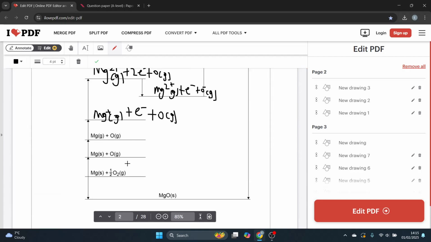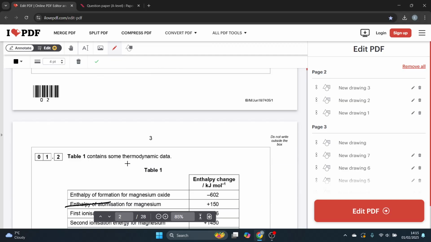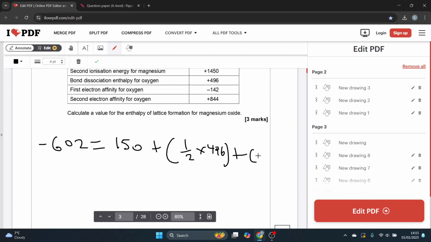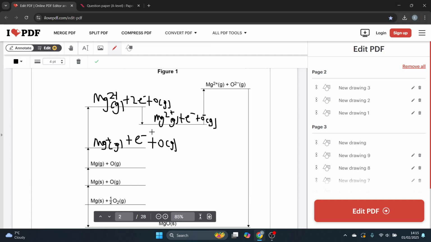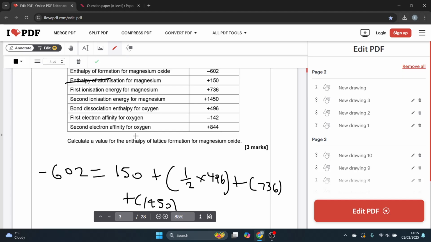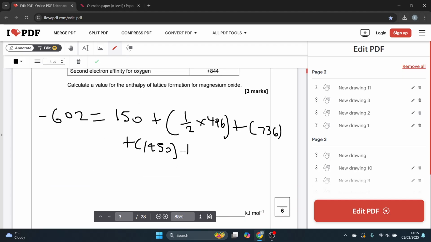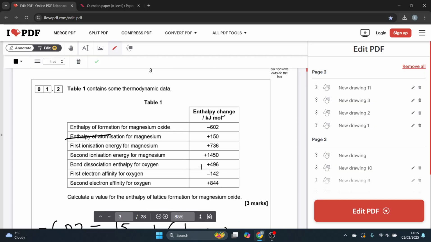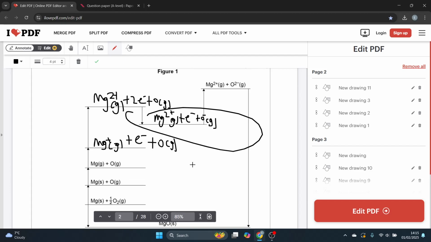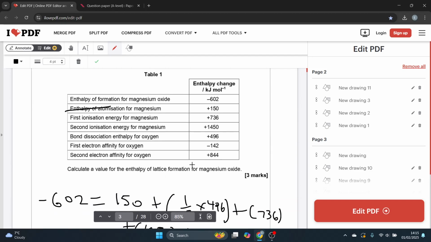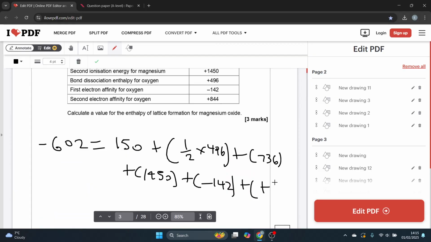plus the first ionization energy for magnesium, 736, plus the second ionization energy for magnesium, 1450, plus the first electron affinity for oxygen, so minus 142, and then plus the second electron affinity for oxygen, plus 844.